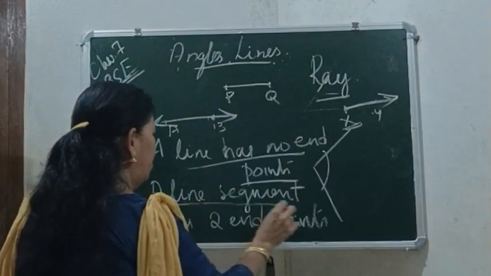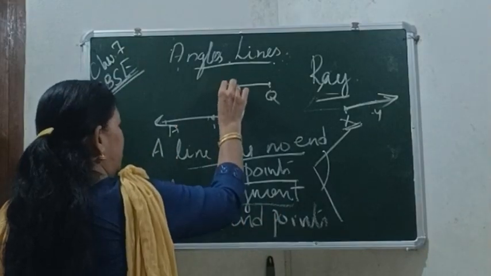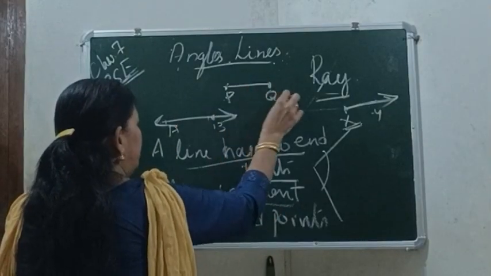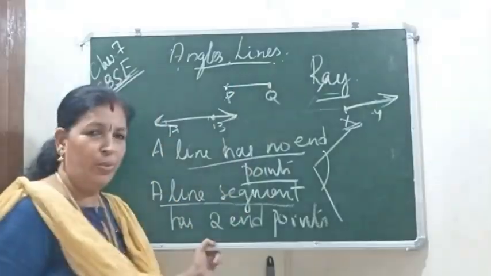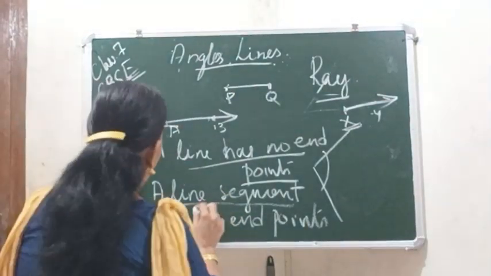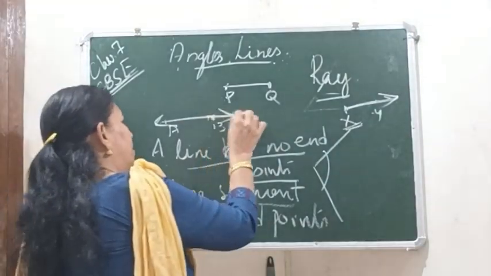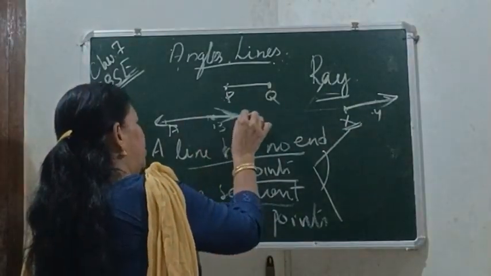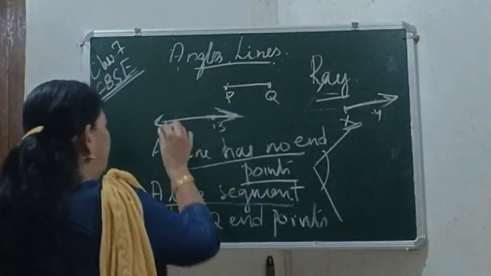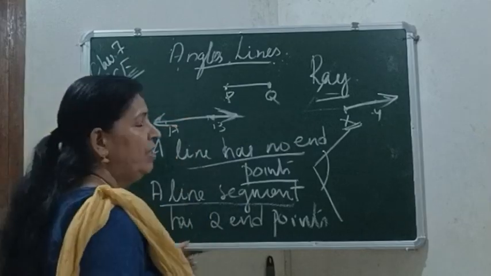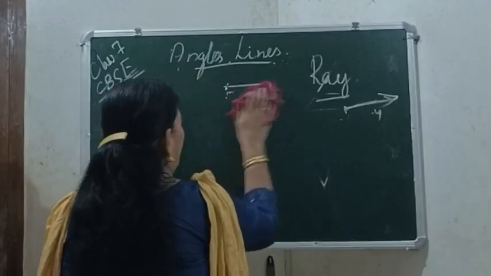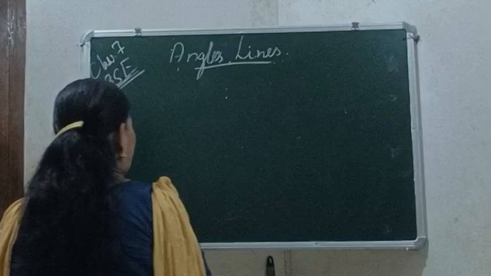A line segment has two endpoints. In line segment PQ, P and Q are the endpoints. A line has no endpoints, going towards infinity to the right and to the left. Now the different types of angles in detail.